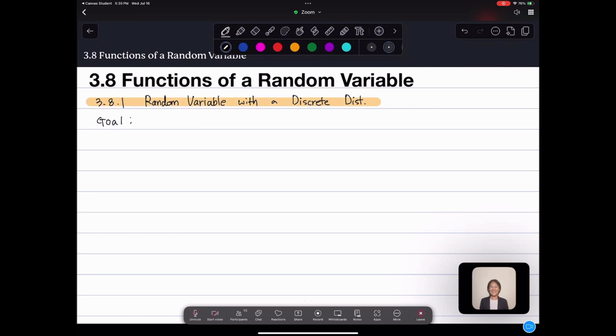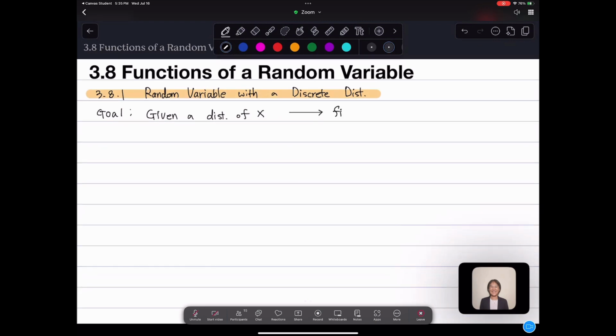You're going to be given a random variable, let's say given a distribution, whether it's continuous or discrete, and you're trying to figure out the distribution of the function of x, or g of x. So that's the goal.